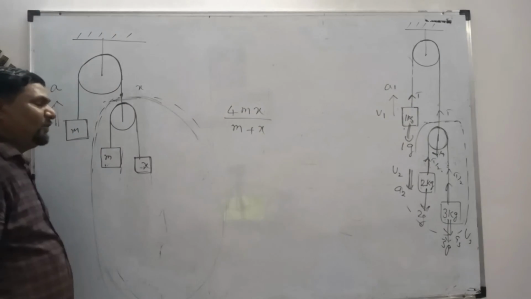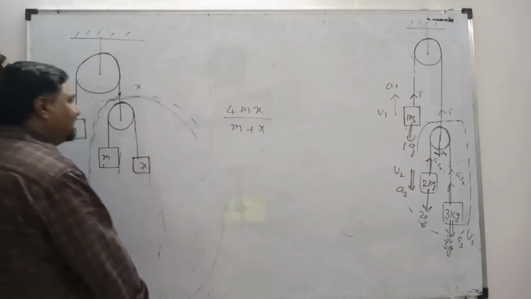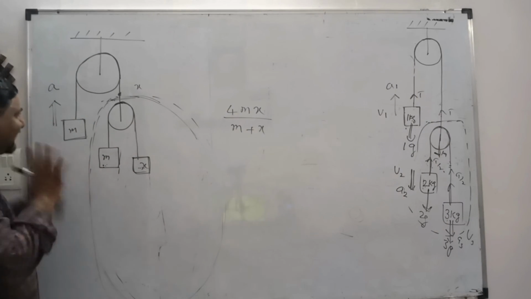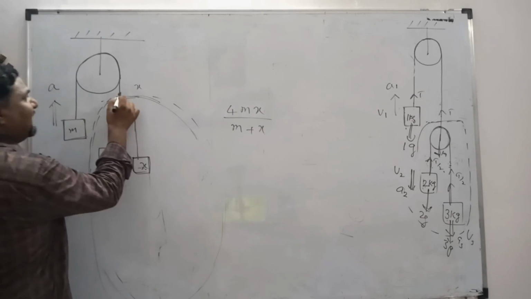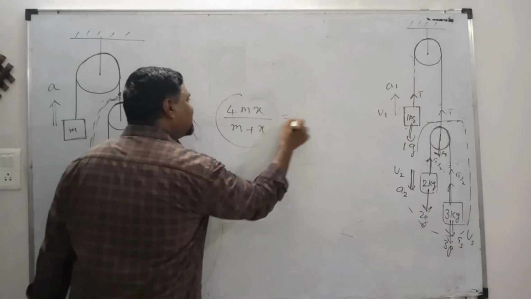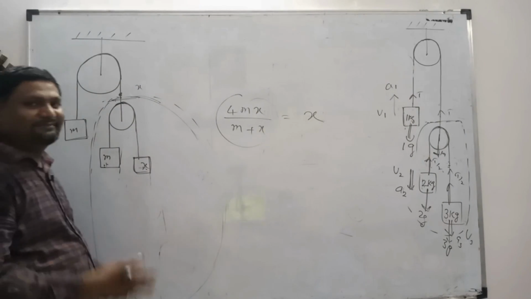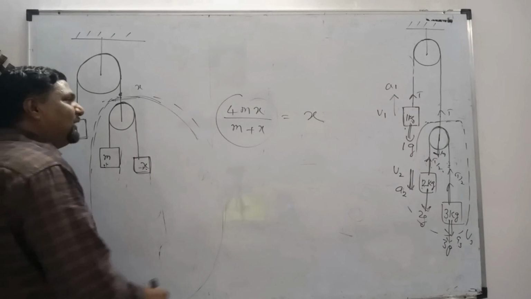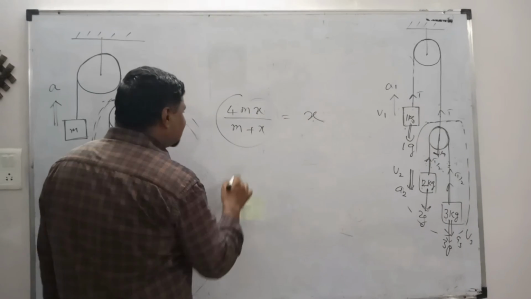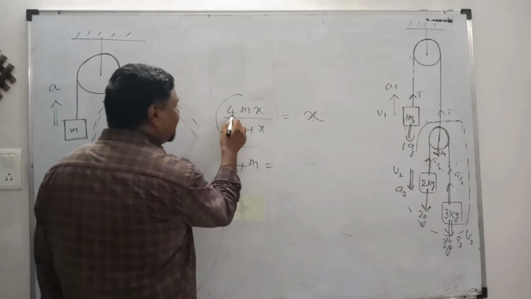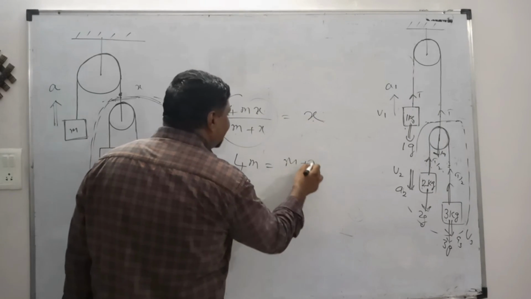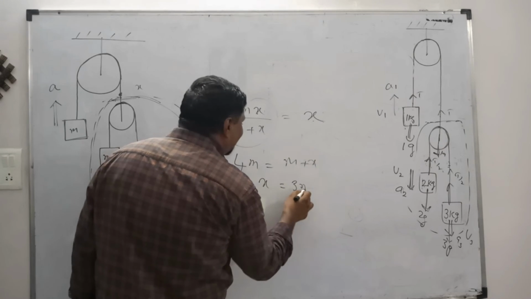But luckily the resultant of this also should be x, so this must be equal to x. Very simple: this x and this x get cancelled, so remains 4m and m plus x. So x is 3m.